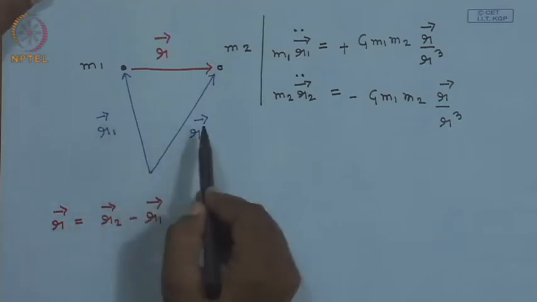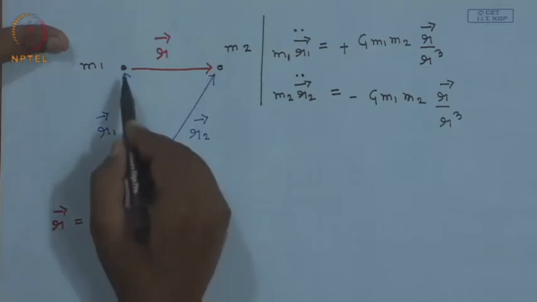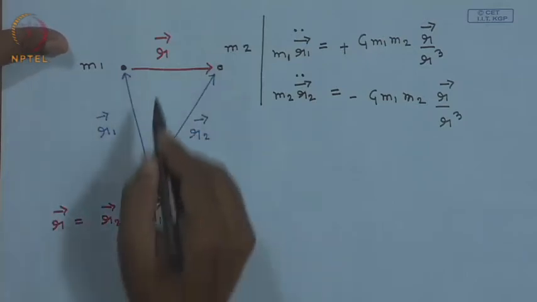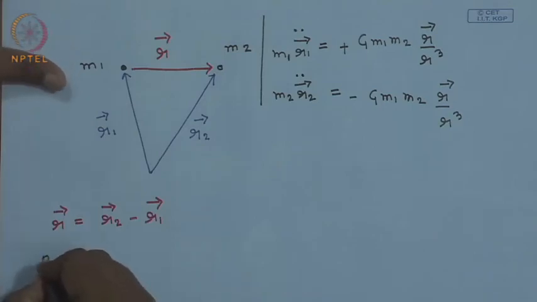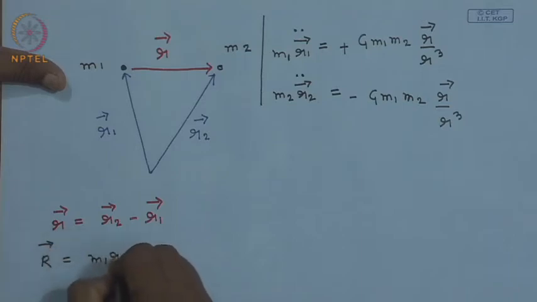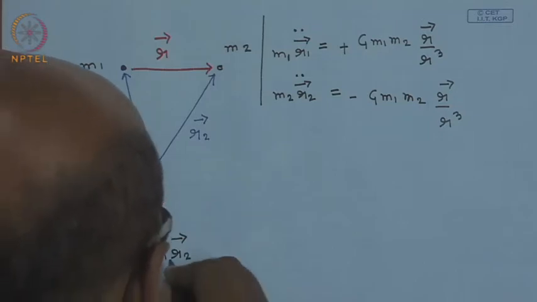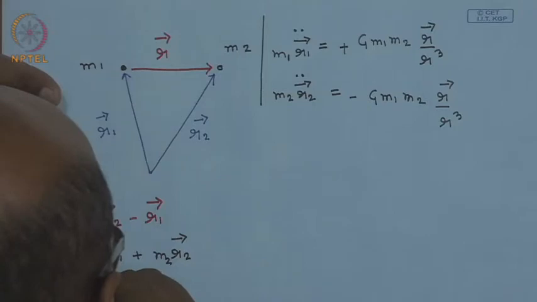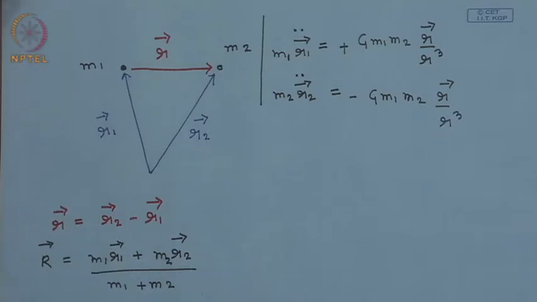Instead of using r1 and r2, which refer to the two individual particles, it is convenient to use different coordinates, and these are the relative displacement between the two particles, which we have already introduced, and the position of the center of mass R. Center of mass is defined as the weighted average of the two vectors, m1 r1 plus m2 r2 divided by m1 plus m2, that is the center of mass.